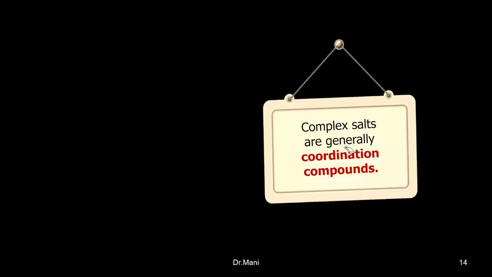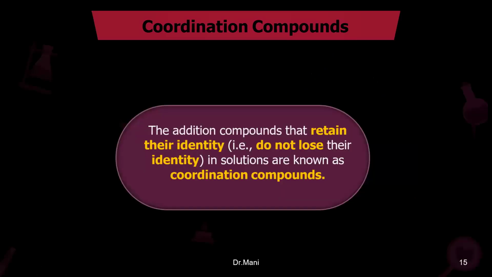These complex salts are nothing but coordination compounds. We'll be studying these coordination compounds in detail. Coordination compounds are addition compounds that retain their identity, that means they do not lose their identity when you dissolve them in water.